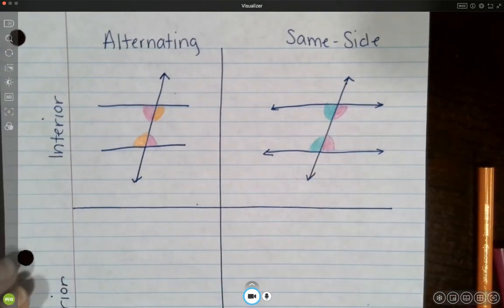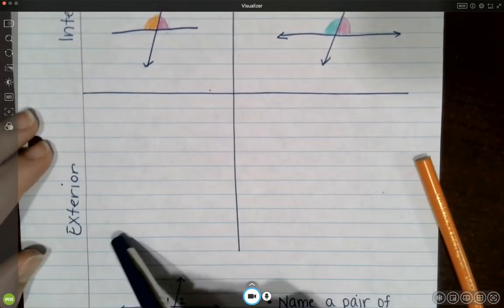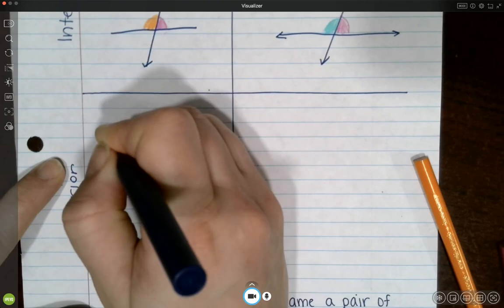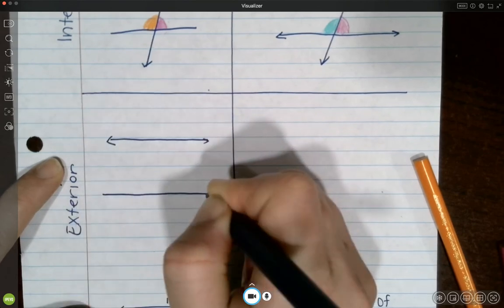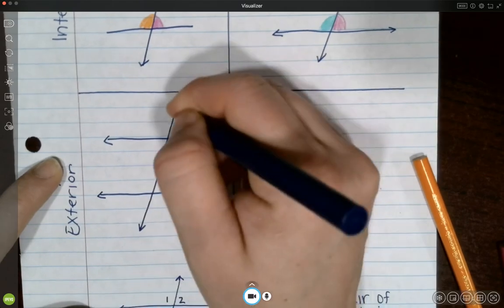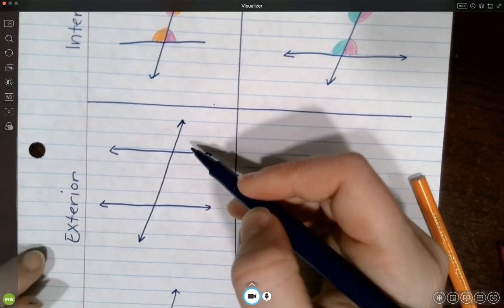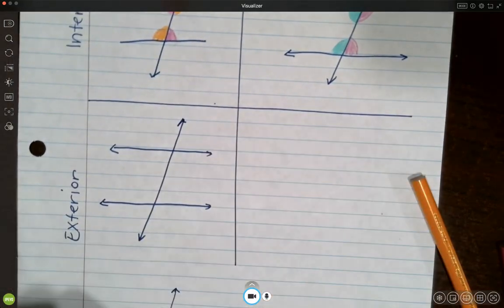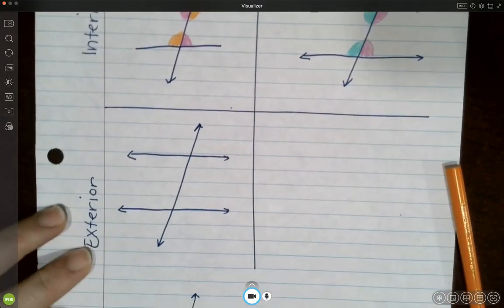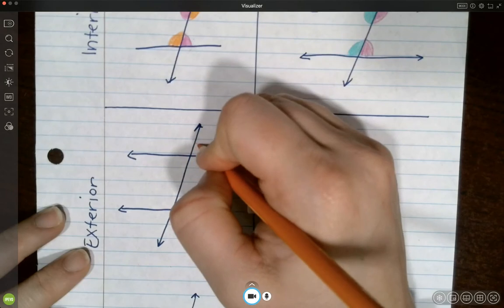If I am working with exterior, again, we have our parallel lines. We have our transversal. So now we're working on the outside of the parallel lines. That's what exterior means. And we're in the column that says alternating. So exterior, we're to the outside.